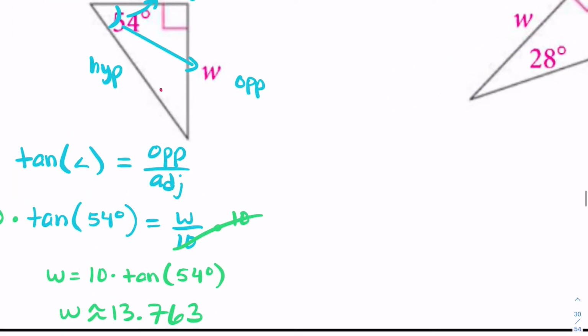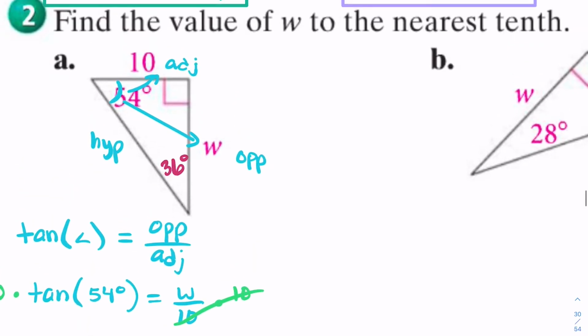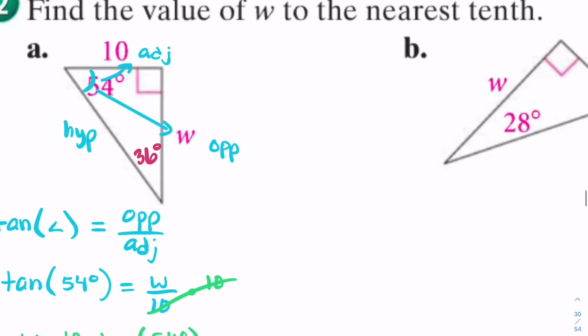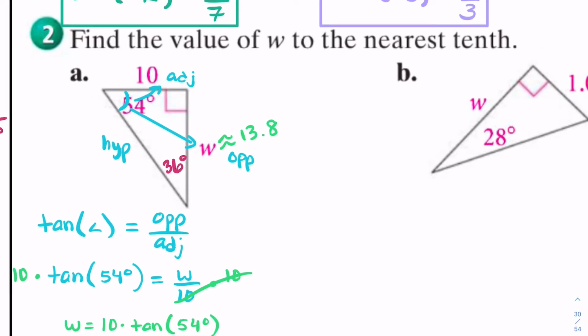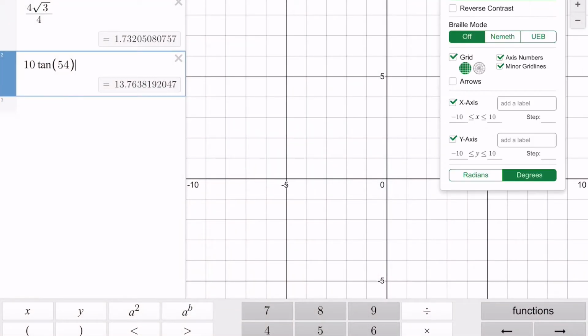Yep, so this is a 36, meaning that what's opposite my 36 is going to have to be smaller than everything. So 10, if W is 13.8, that makes it make sense. 13.8, it should be greater than 10. And that's why I knew right away I was in the wrong mode with 6.73. That would not have given me the right answer.